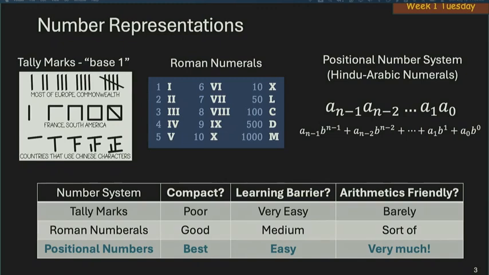With Roman numerals, you can sort of do arithmetic, but not for large numbers. With positional numbers, you can easily do addition, subtraction, multiplication, and division by just lining up the numbers based on their positional weights. We typically line them up based on the decimal points. Once we do that, we can just do carry propagation and borrow propagation, create the column method for multiplication, and eventually do really large computations even by hand.